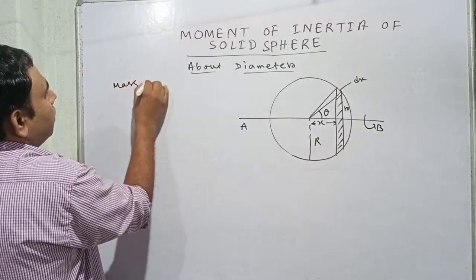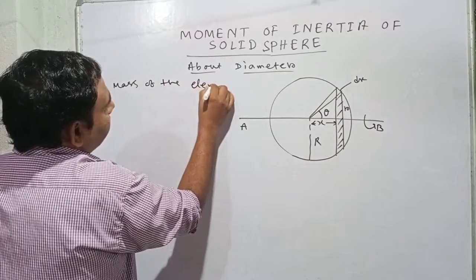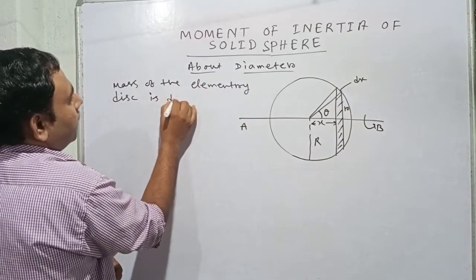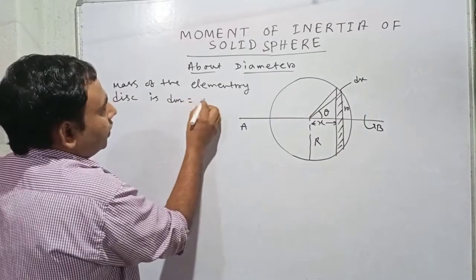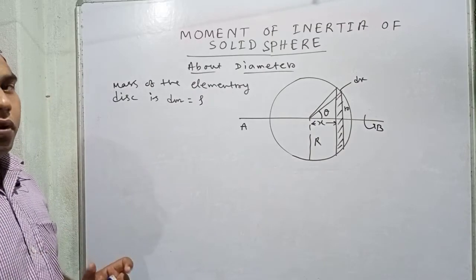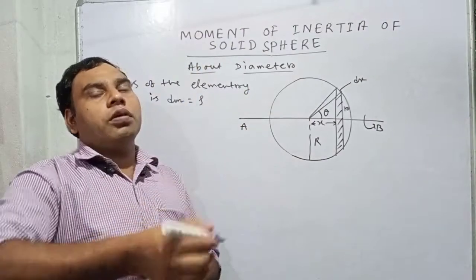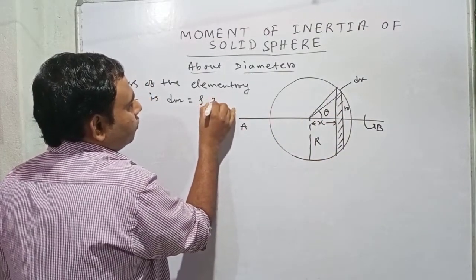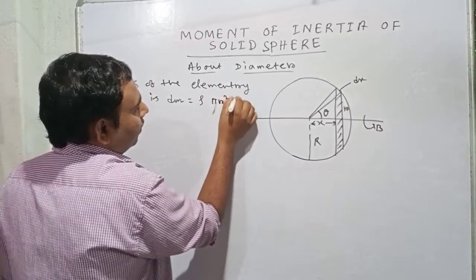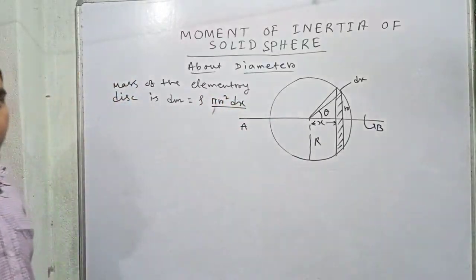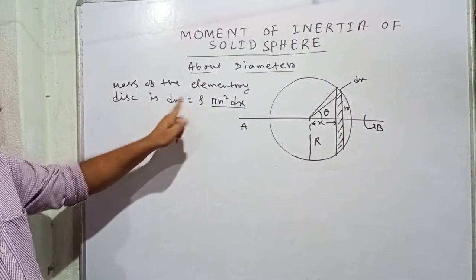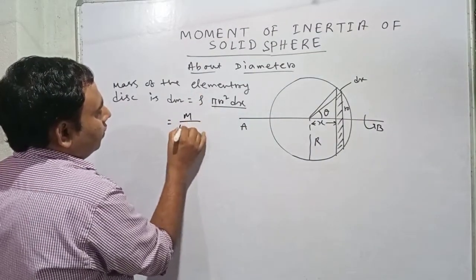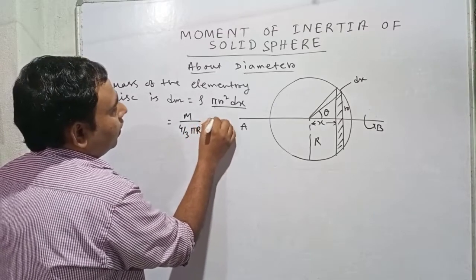Now, to find the mass of the elementary disc: dm equals rho times volume, where rho is mass per unit volume, the total mass of the solid sphere divided by its total volume. The volume of the elementary disc is pi r square times thickness dx. Putting in the value of rho, dm equals m divided by 4 by 3 pi R cube times pi small r square dx.